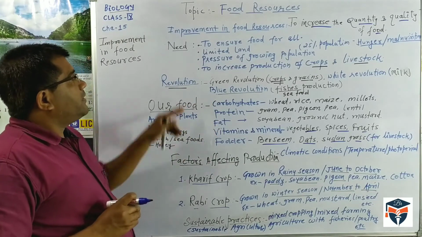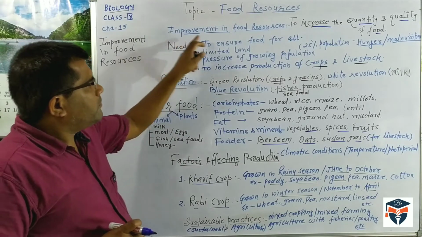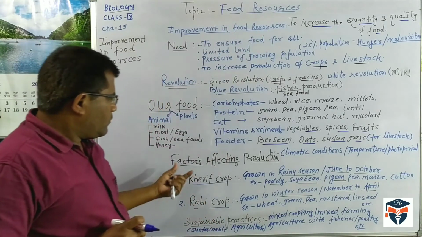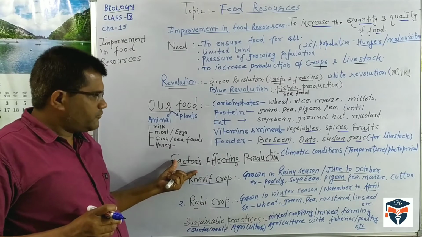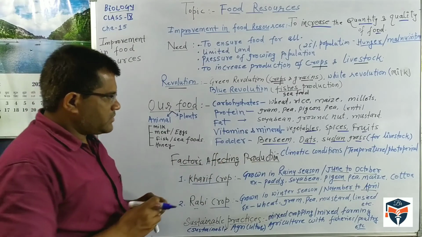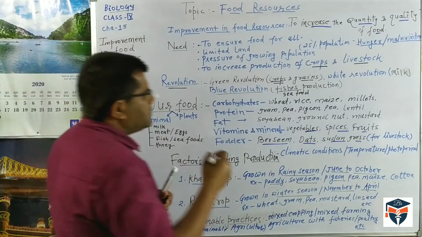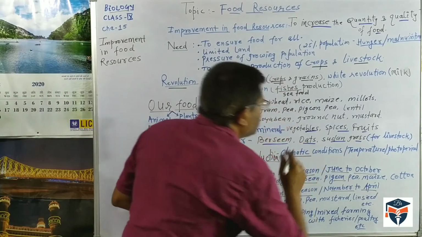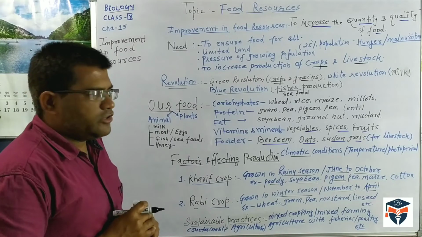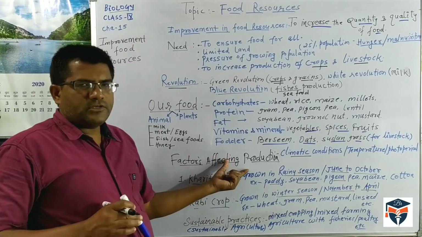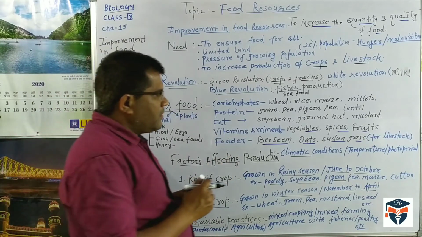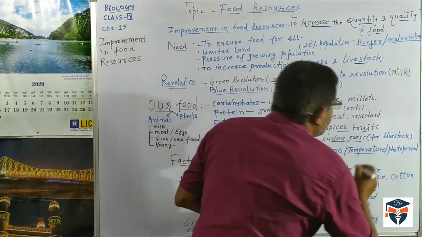The second important part is, if we look toward the improvement in food resources, we have to see some factors which are affecting the production. One of the factors which affect production is climatic condition, because under different climatic conditions the food production is affected. Another is temperature.